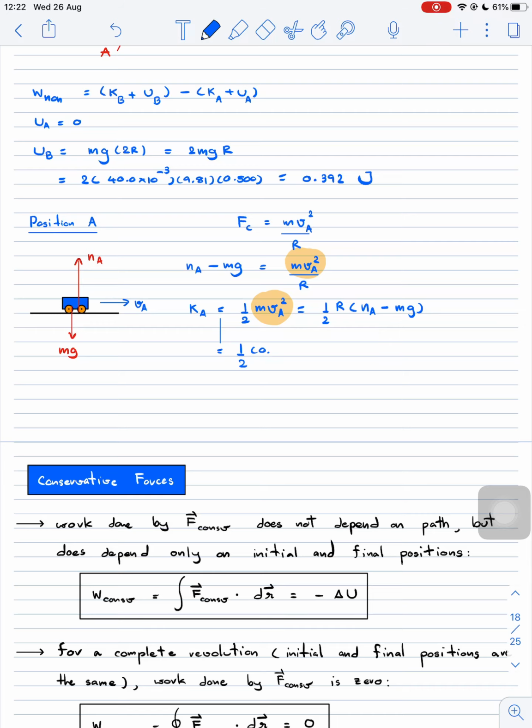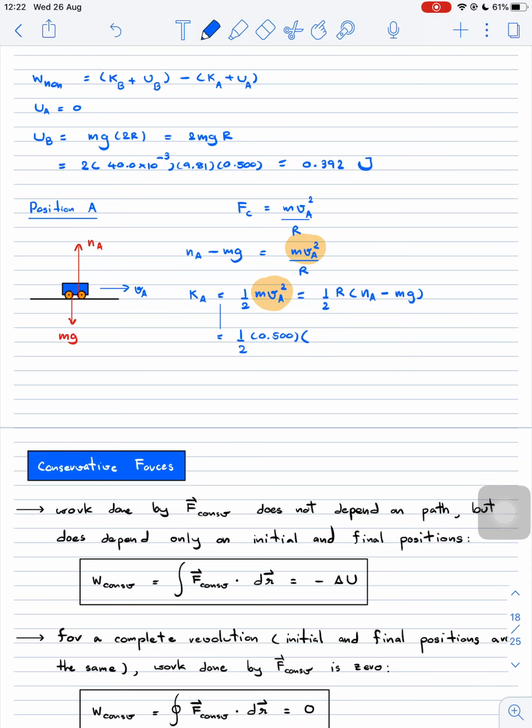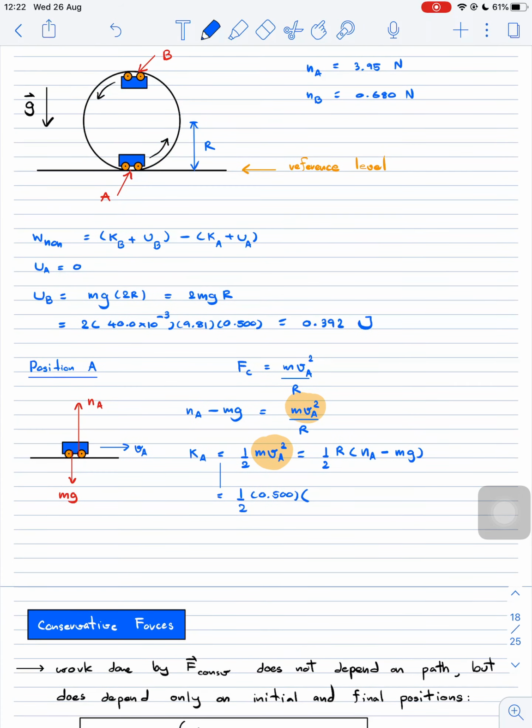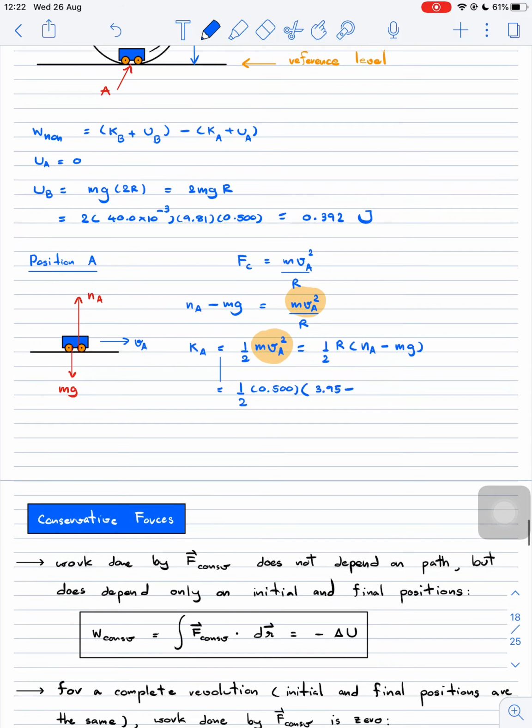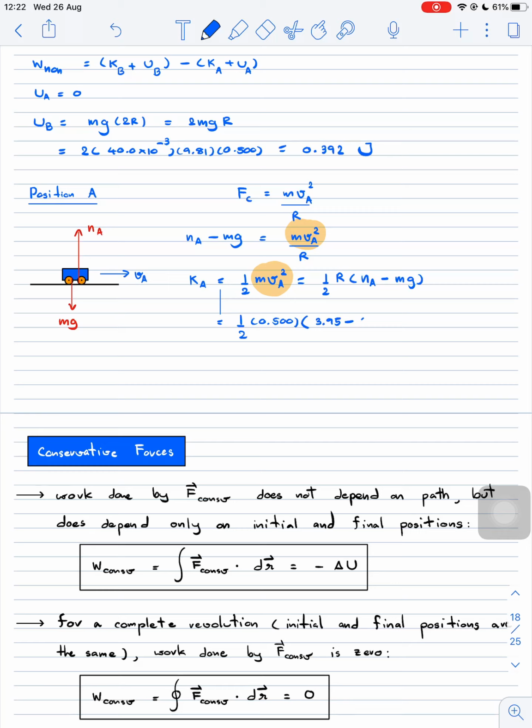R is 0.500, times Na, which is 3.95, minus m, which is 40.0 times 10 to the negative 3, times 9.81.